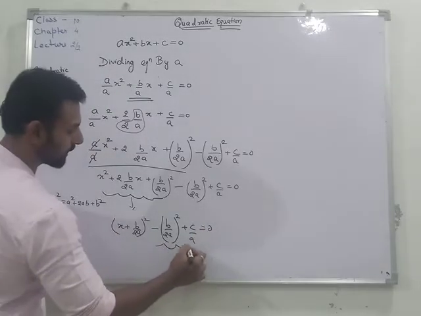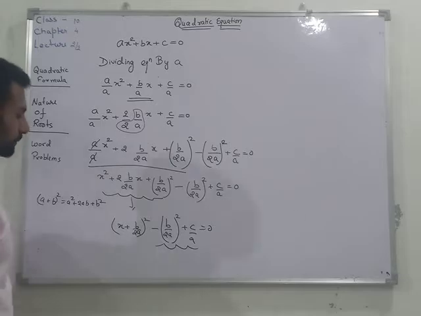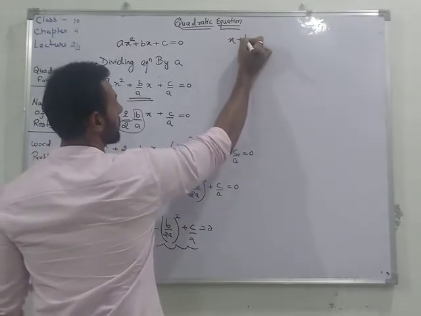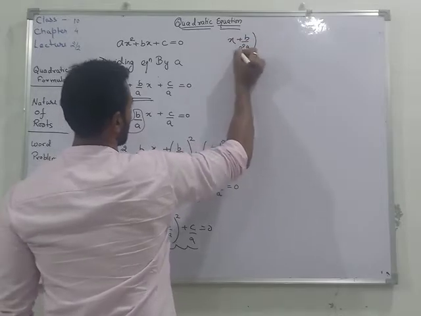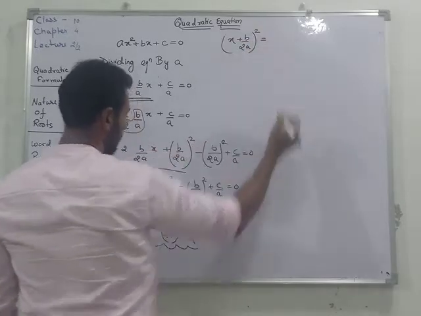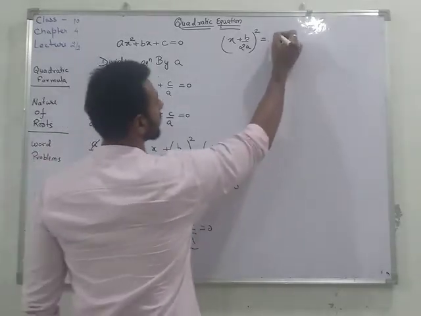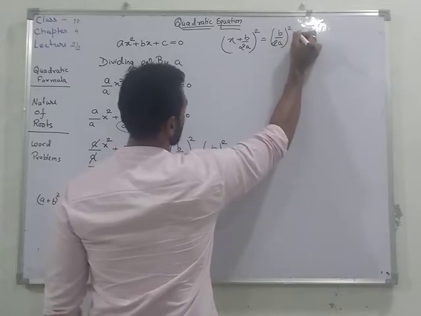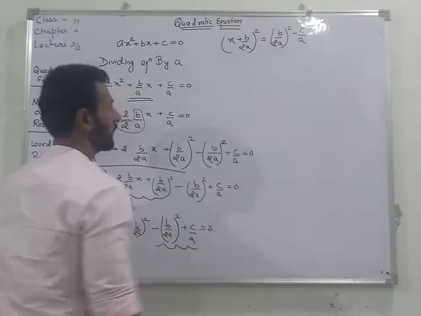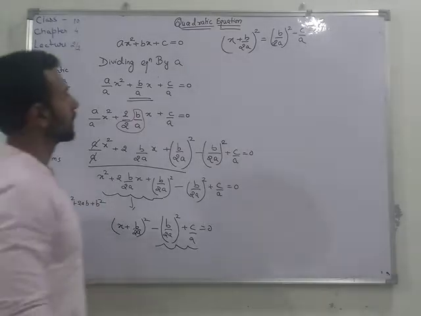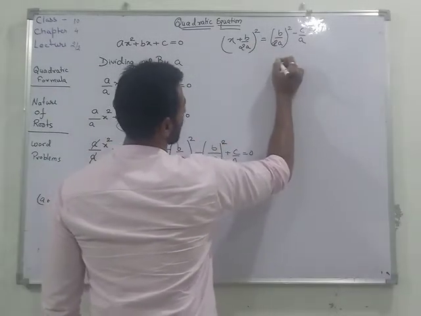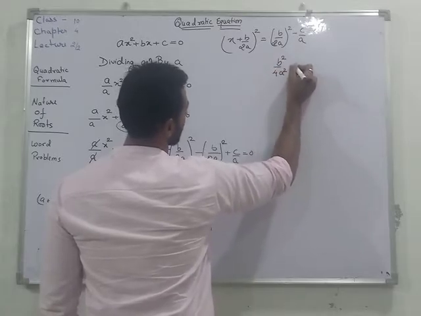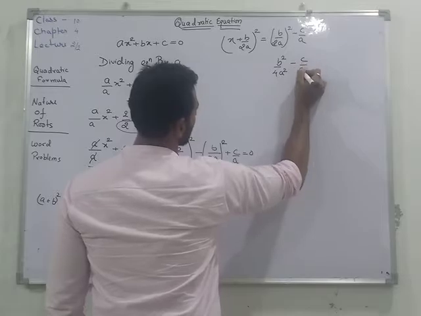Now taking these two terms to the right hand side, we get x plus b upon twice of a whole square is equal to b by twice of a whole square minus c by a. Now this can be written as b square by 4a square minus c by a.